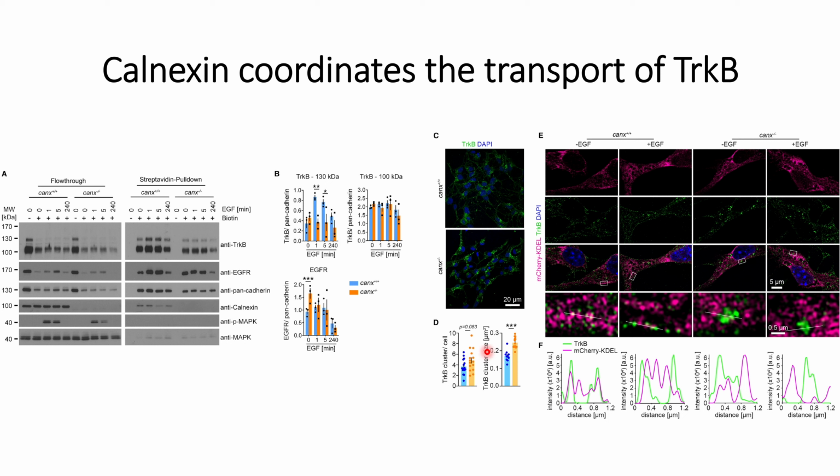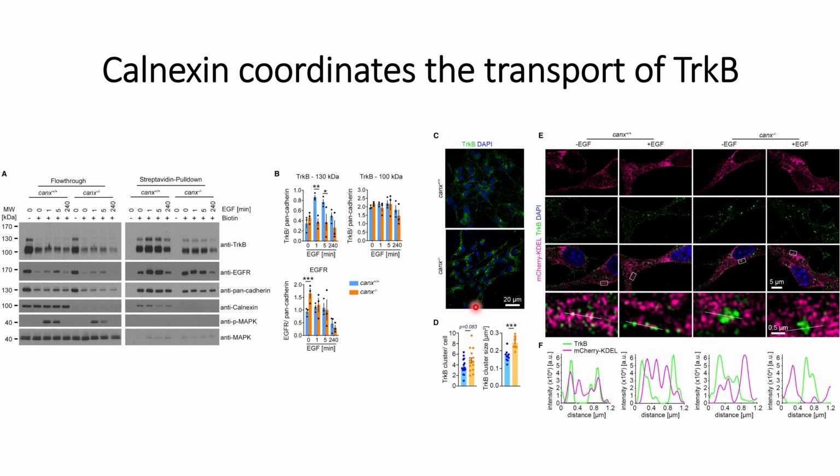When they quantify these immunostaining images, they find that TrkB clusters per cell are statistically higher in the calnexin knockout cells, and this could be because of the high EGFR present in the calnexin knockout cells.